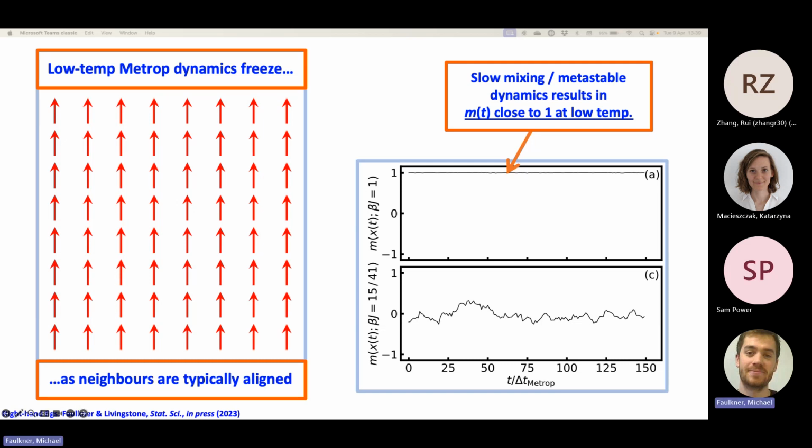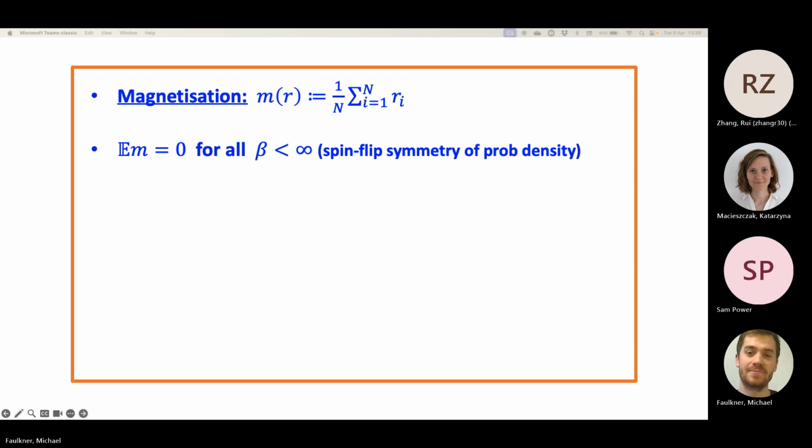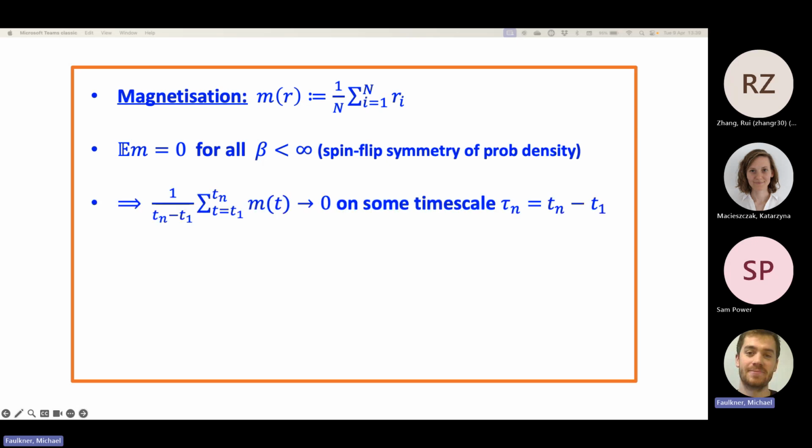Okay, and again, this is because the neighbours are typically aligned at low temperature. Just to summarize, the magnetization is the mean value of the spins. The expected value of m is 0 for all finite beta due to the spin flip symmetry of the probability density. So we should be converging on an expected value of m equals 0.